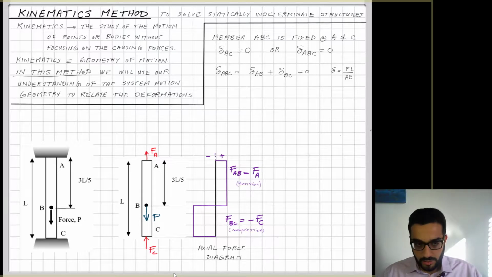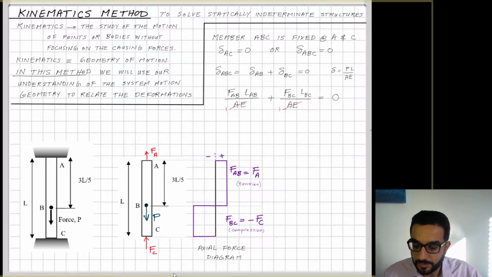Knowing that delta is equal to PL over EA, now I can substitute each delta with the internal force, the length, the cross-sectional area, and the material. The cross-sectional area and the material, AE, are the same for both lengths, so they cancel from my formula, and I end up with the force and length of each segment for AB and BC.